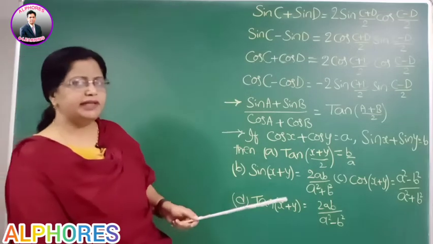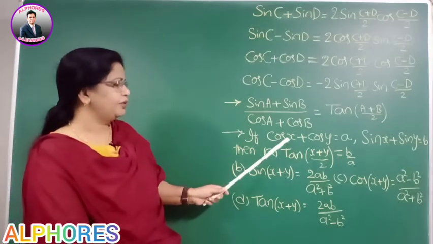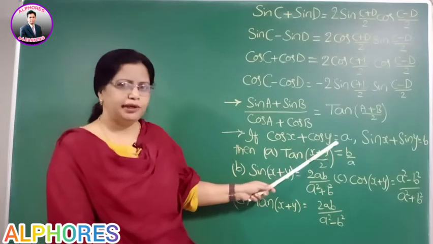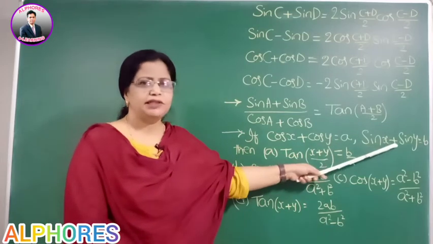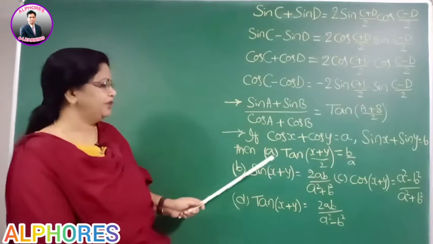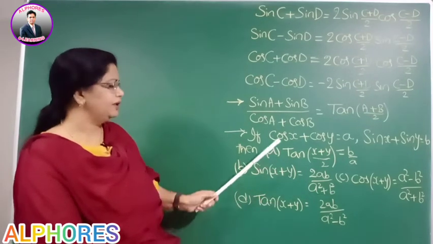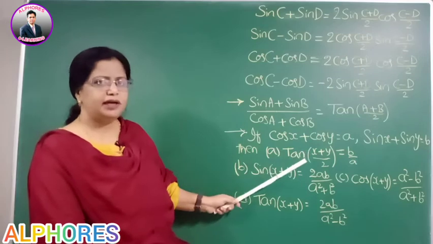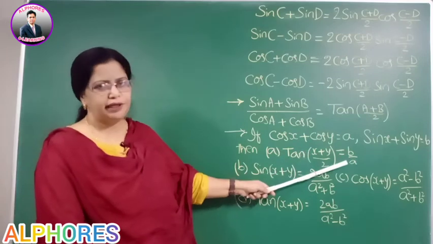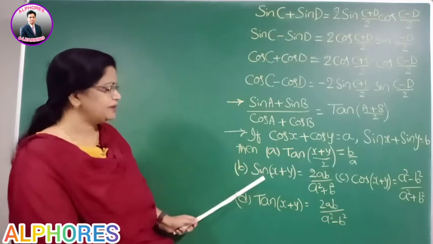Now a question they will ask in this way: cos x plus cos y equal to A and sin x plus sin y equal to B. Then a more-than-one-answer question also they may ask here. Option A is given as tan of (x plus y)/2 is B by A, and sin of x plus y.